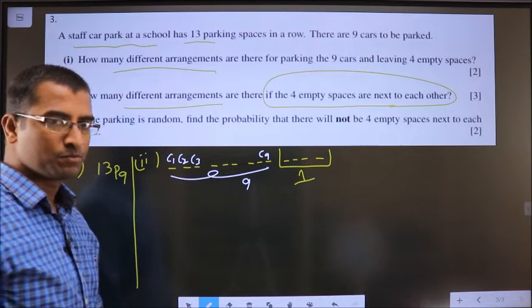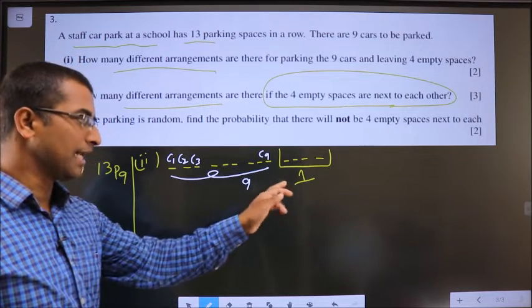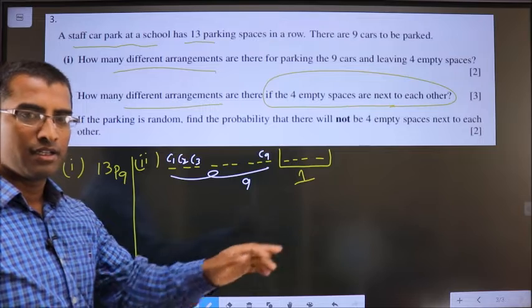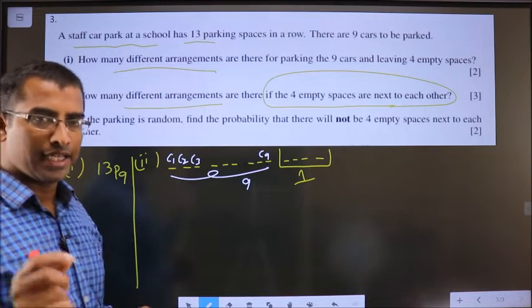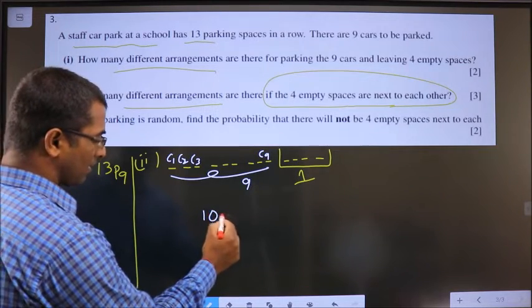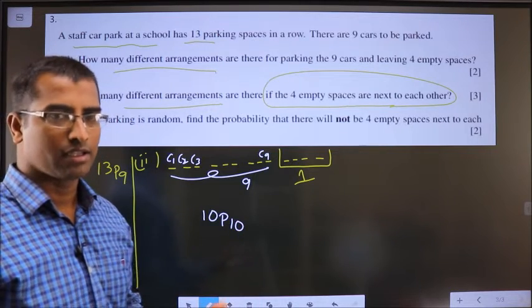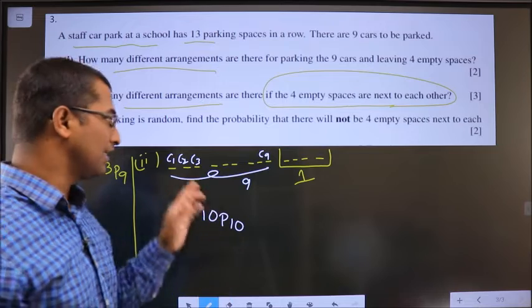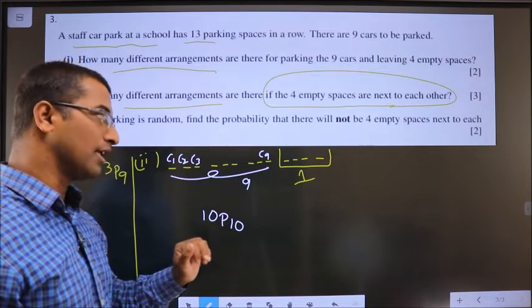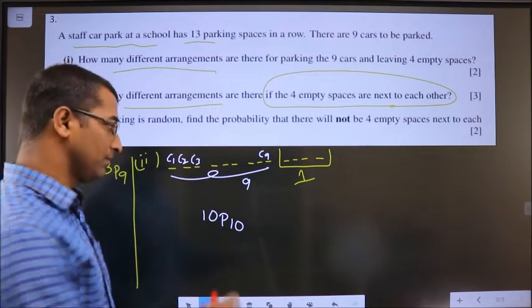Okay. So total is 1 plus 9, 10. This 10 can be shuffled in 10P10 ways. All these 9 cars are not identical, so division will not come.